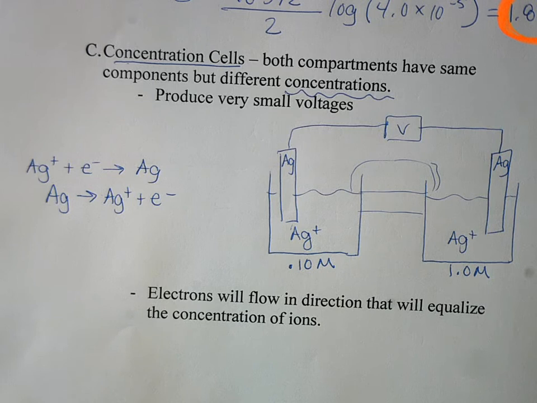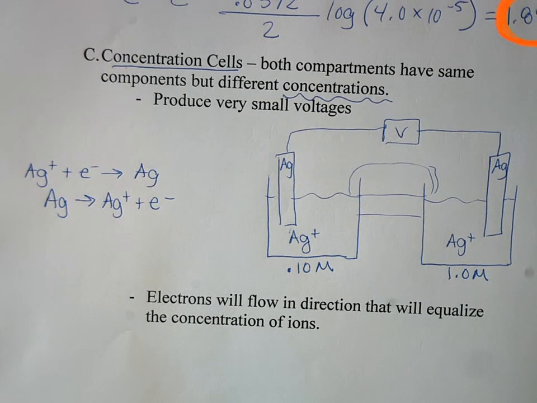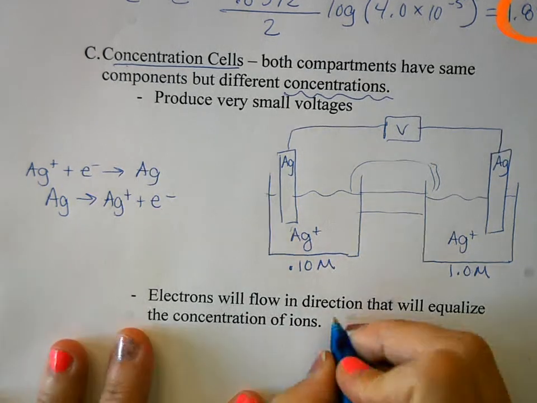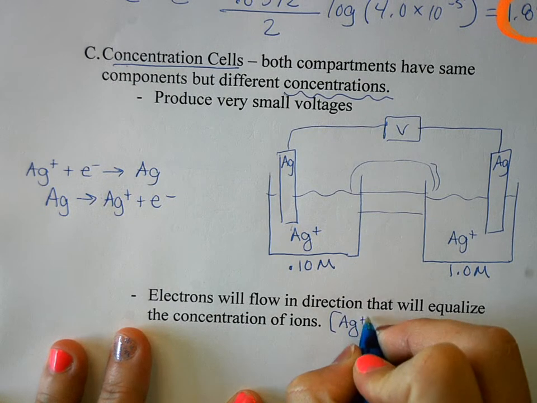So I've got to figure out which direction the flow of electrons is going to be. And here's the easiest way to figure it out: electrons are going to flow in the direction that will equalize the concentration of ions. And I'm talking about the concentration of silver ions here.